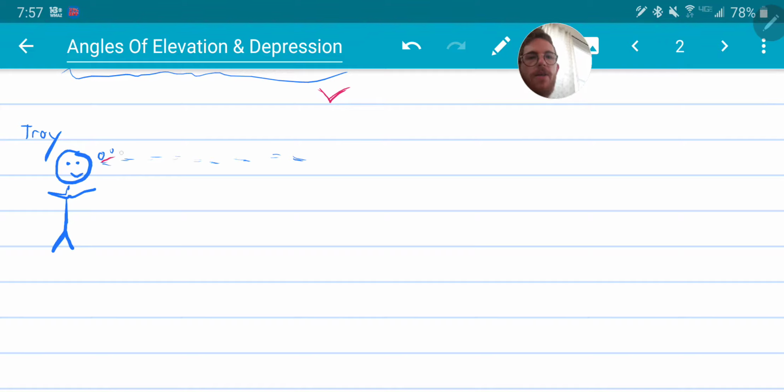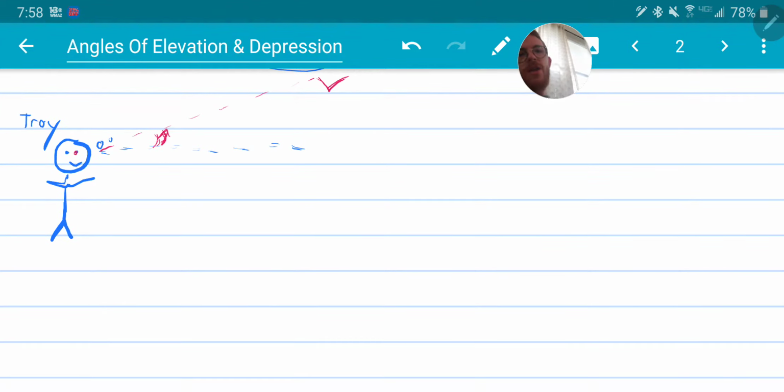So if Troy looks up to this bird, notice that there is an angle, and his gaze has elevated. His eyes, and see my little pointer here, are looking up to look at the bird. And so we would call this right here an angle of elevation.